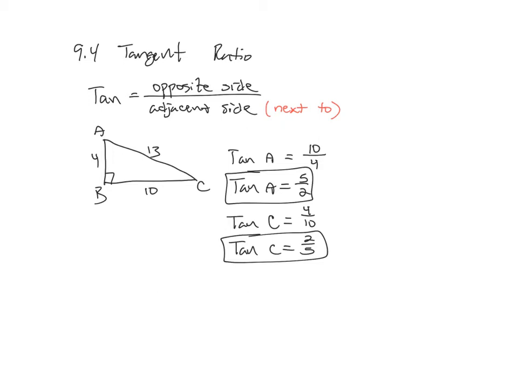Then most of the assignment will be figuring out a side using tangent. We've done the Pythagorean theorem, a squared plus b squared equals c squared. If I know two sides, I can figure out the third side. And then we've done special right triangles, where the angles were 45 and 45, or 30 and 60 combined with the 90. Now, what if they're not those angles?